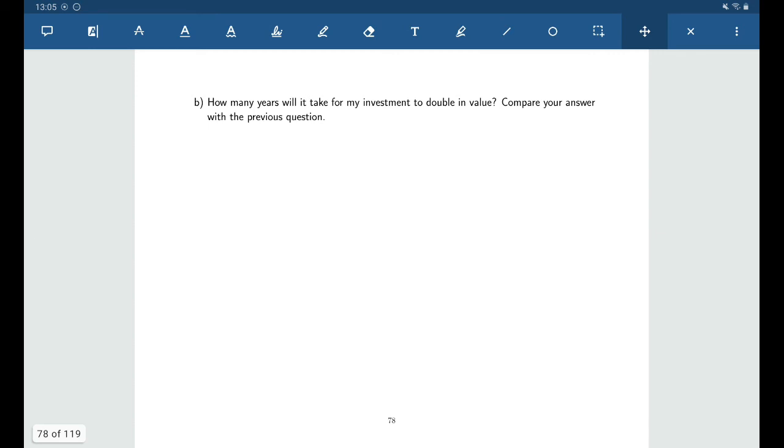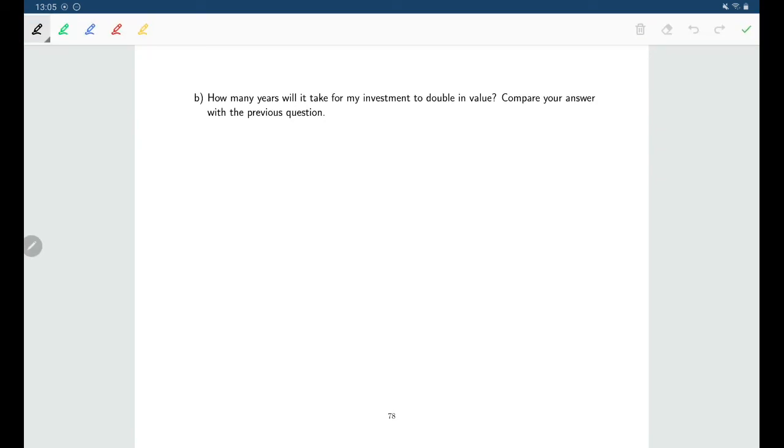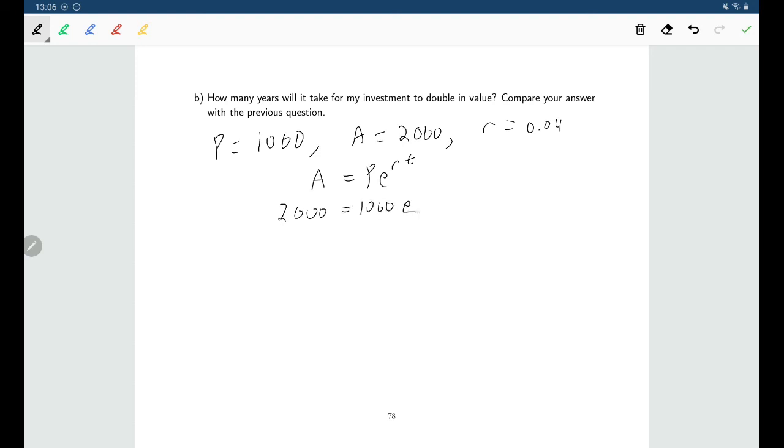Same sort of question that we had before about looking for our money to double in size. So again, we had our principal, that was our $1,000, and we wanted our final amount to be twice that, so $2,000, and our rate was still 0.04. So A equals P e to the RT, or 2,000 equals 1,000 e to the 0.04 times t.